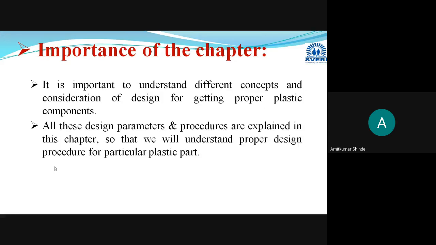And what is the importance of this chapter? If you study this chapter, then you will be able to design a proper plastic part. To design a proper plastic part that can be practically used, which should satisfy all our needs and safety rules, you should have knowledge related to the various design aspects and design procedures.